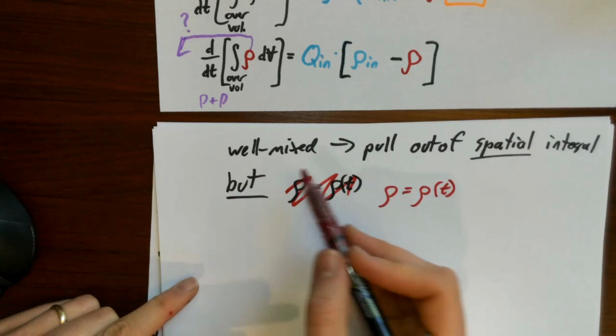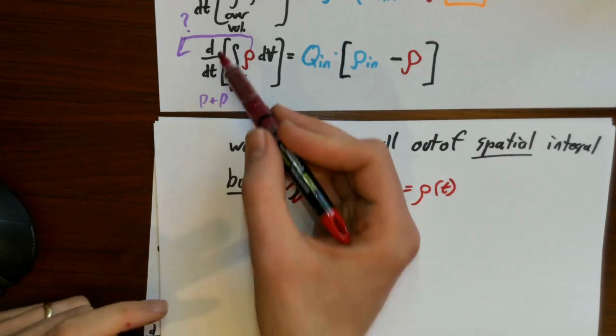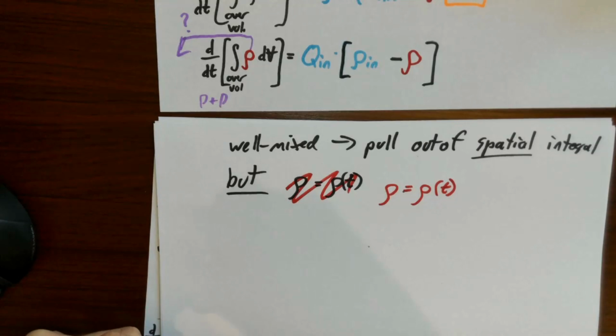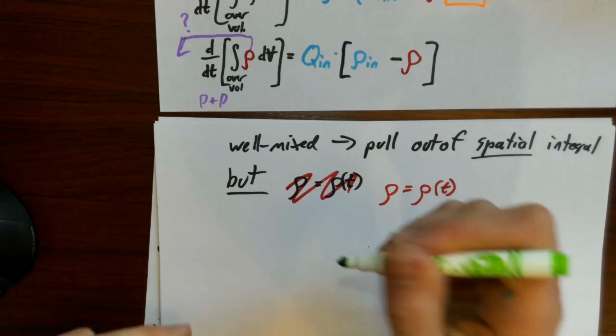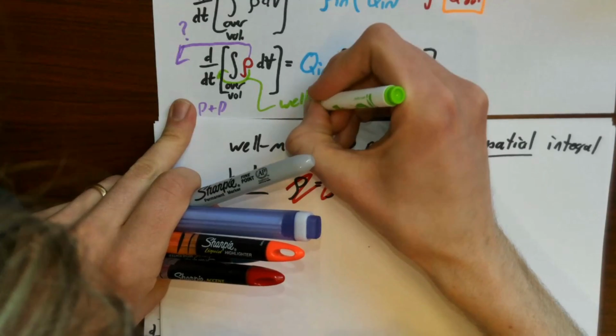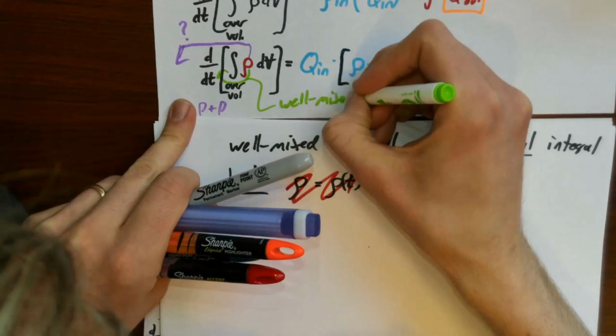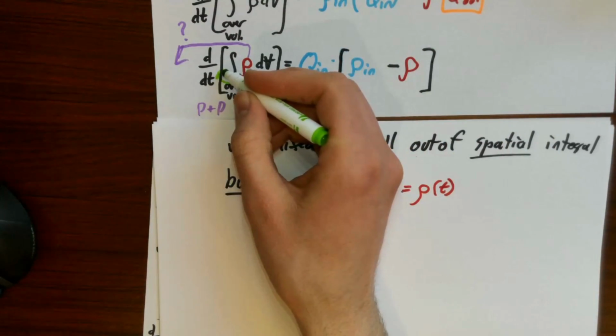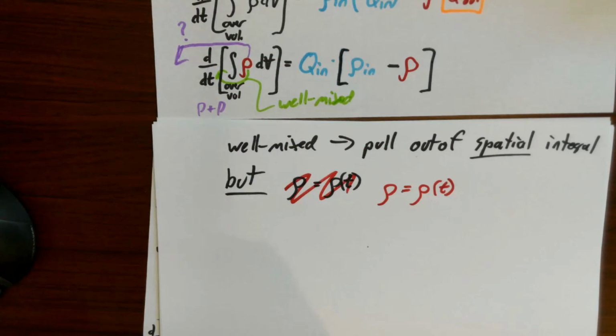So it's well mixed, so we can pull it out of the spatial integral just fine. If it's well mixed, we can pull it out of the integral, but we can't pull it out of the derivative because it's a time-varying quantity. So what does that leave us with?